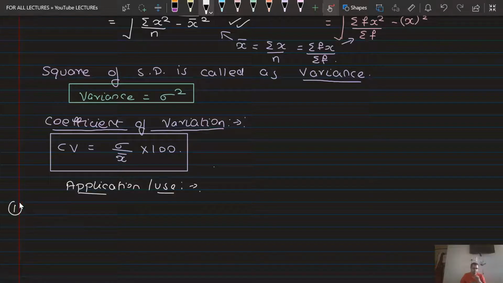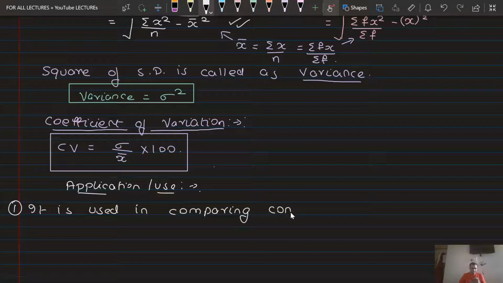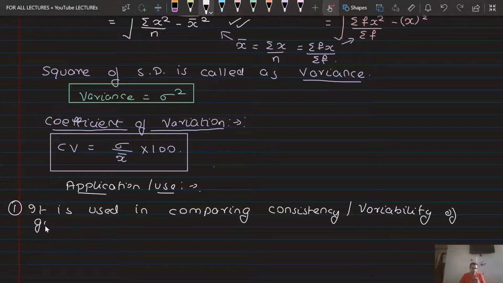Number one, it is used in comparing consistency or variability of given sets of observations.